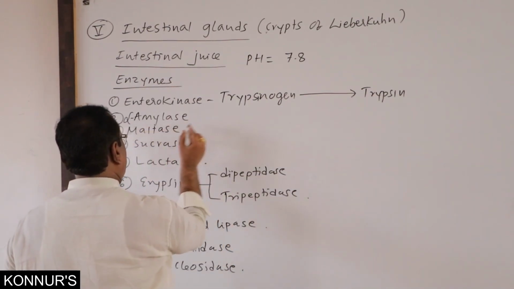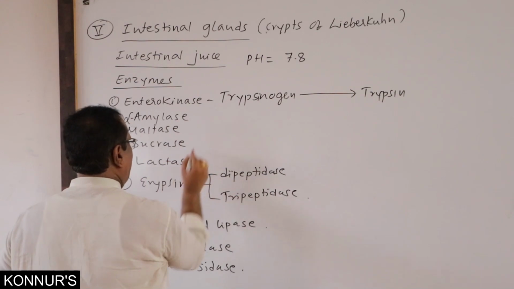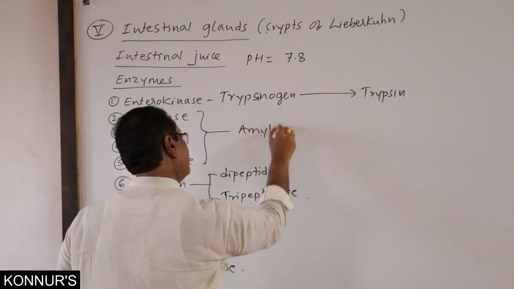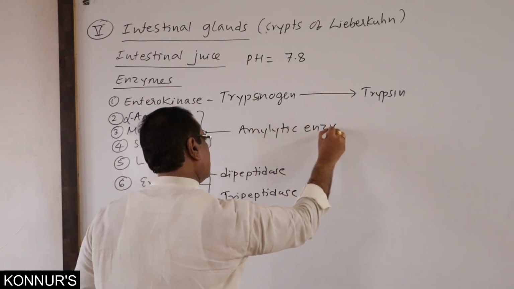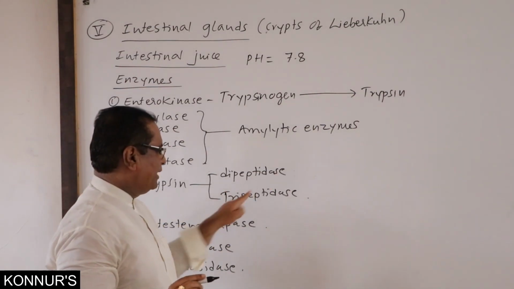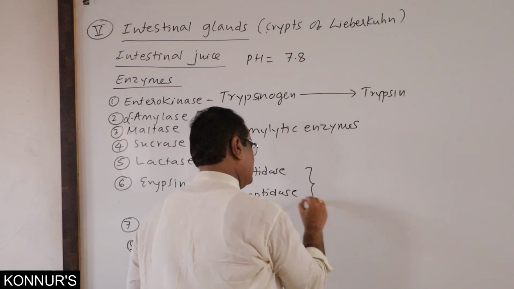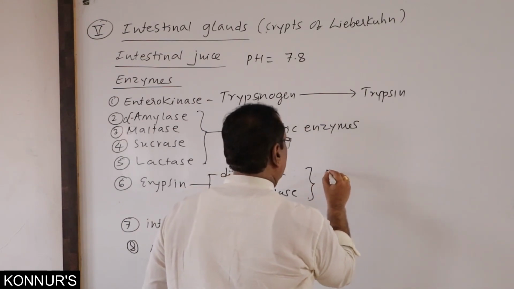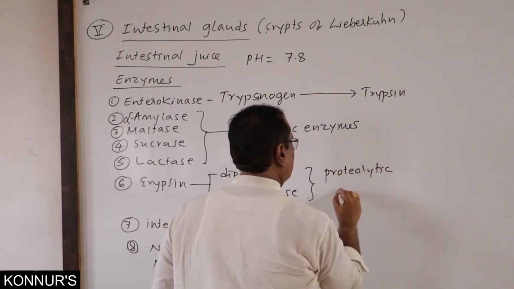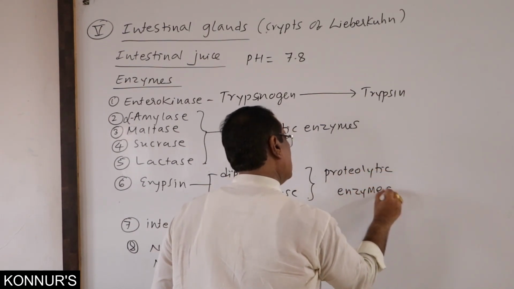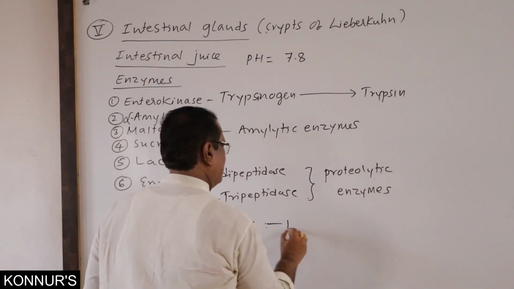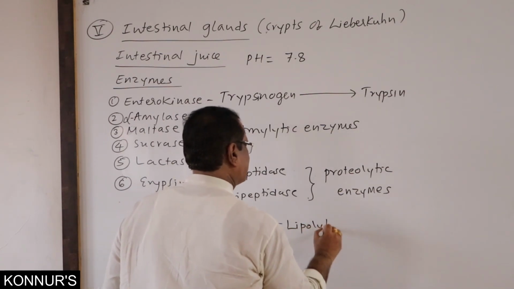And alpha amylase, maltase, sucrase and lactase, these are amylolytic enzymes. And erepsin having dipeptidase and tripeptidase, these two are proteolytic enzymes. And intestinal lipase is a lipolytic enzyme.